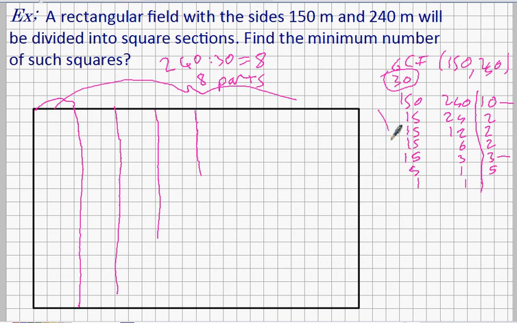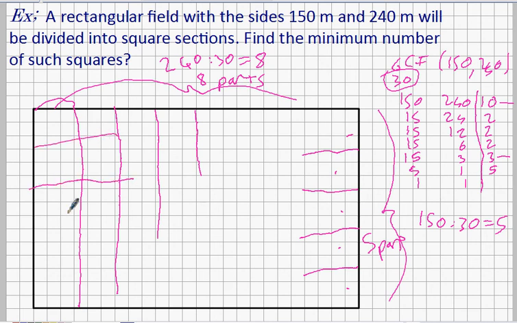In here it was 150, so 150 divided by 30, there will be 5 parts. 30 meters, 30 meters, 30 and 30. 1, 2, 3, 4, 5 parts will be here. So then how many squares will they form?